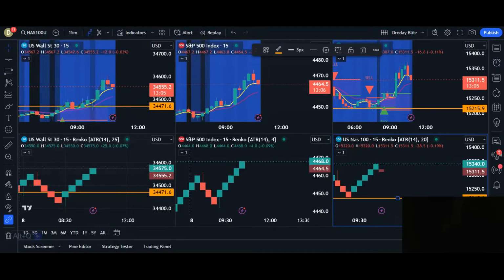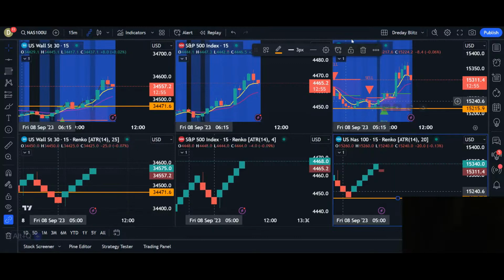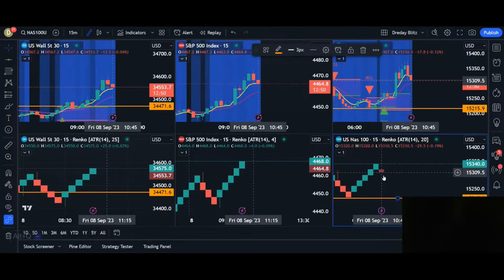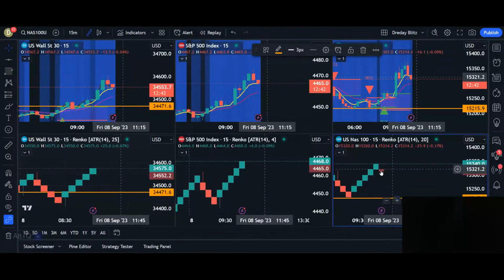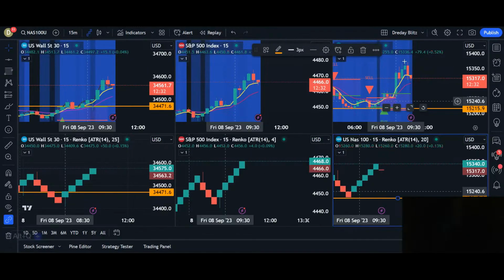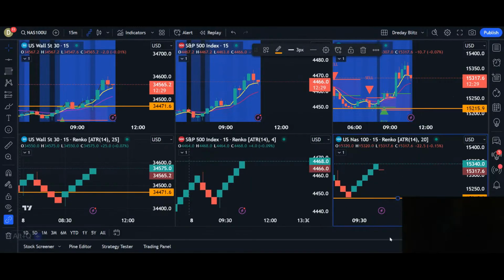The bigger indication here would be Nasdaq. So if that Renko bar is plotted here, I'm just going to go here, yeah. So this Renko bar here is fully grown, and I may close it out, or I wait until it's really closing and touching my trailing stop.